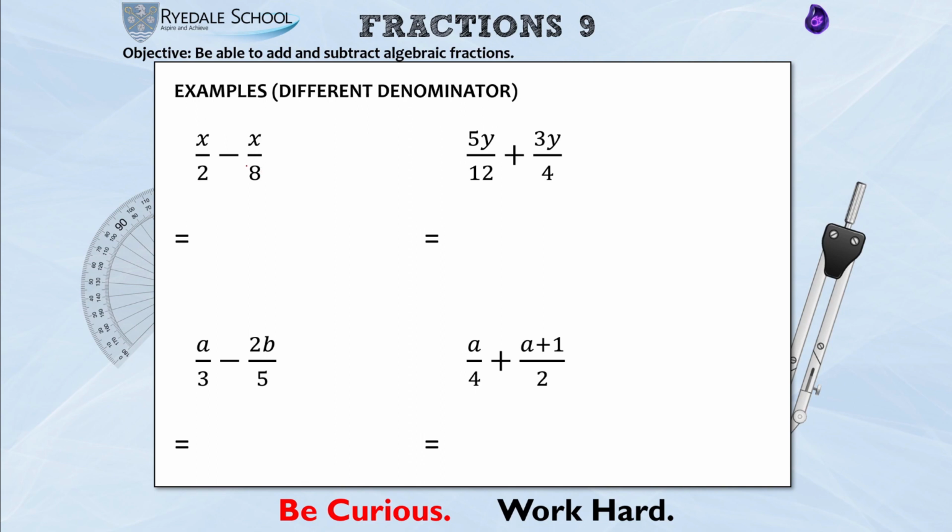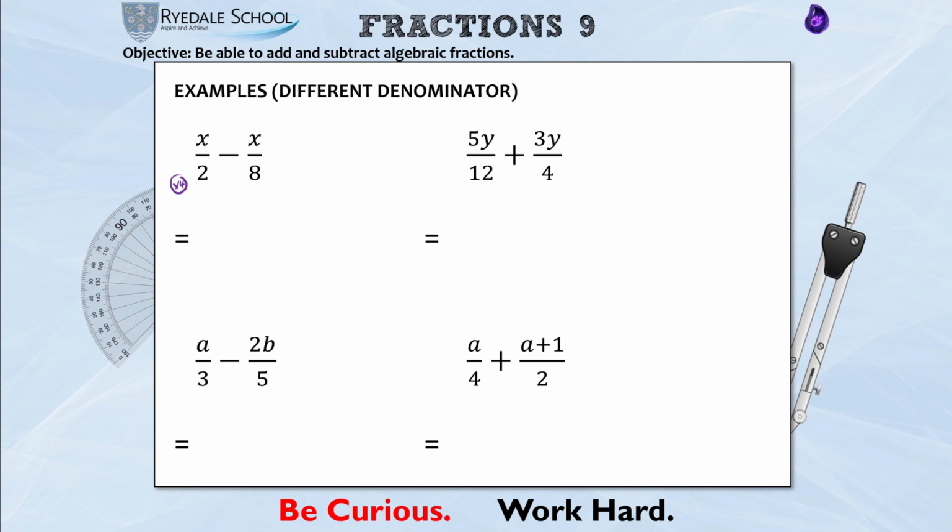Now I can see I've got one denominator of 8 and another denominator that is 2. So if I multiply this first fraction, the top and the bottom, by 4, it will make the denominator 8. So I'm just going to write that at the side, that I'm timesing the numerator and the denominator of this first fraction by 4. What does that become then?